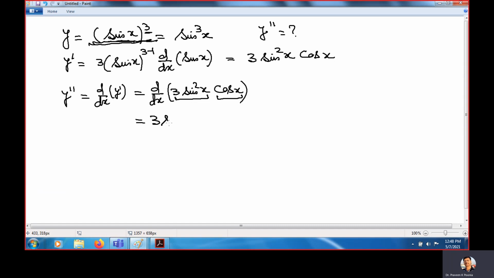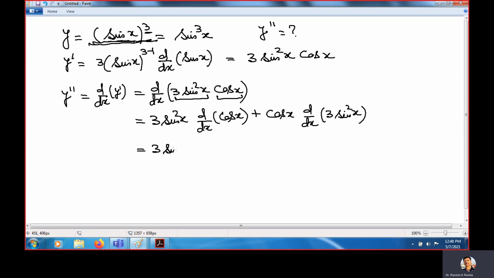So first function times derivative of second function plus second function times derivative of first function. So 3 sine square x times derivative of cosine x, which is minus sine x, plus cosine x.